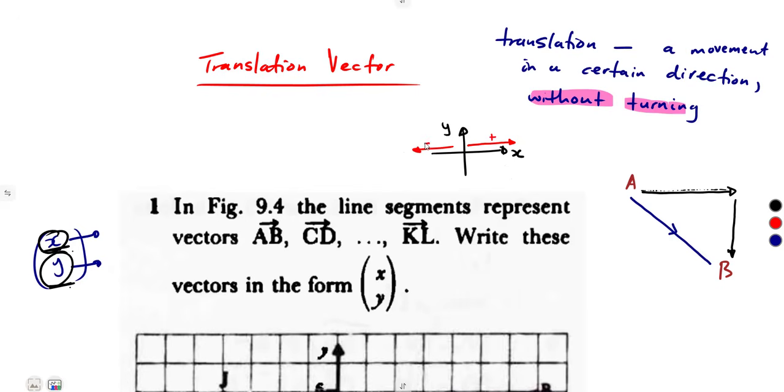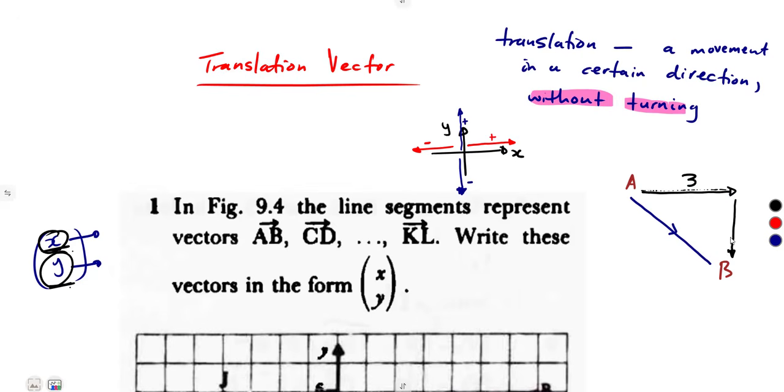To the left, that's a negative in the X. In the Y-axis, the movement can be vertically up or vertically going down. Any movement going up is a positive. Anything going down will be a negative. So meaning to say, let's say we moved from A going this side in the X-axis, maybe 3 units.